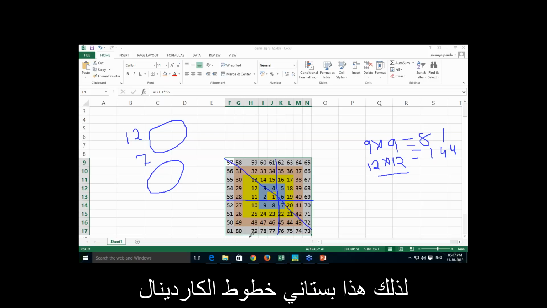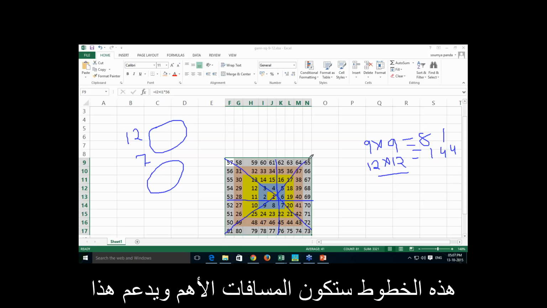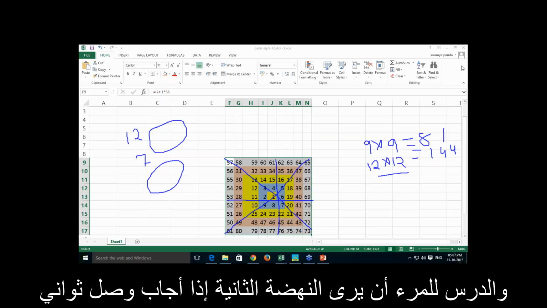So these cardinal lines are going to be the important resistances and supports. This is one relationship. The second relationship he derived.